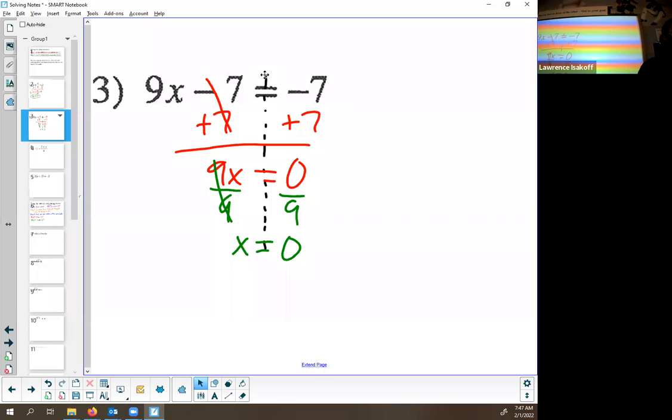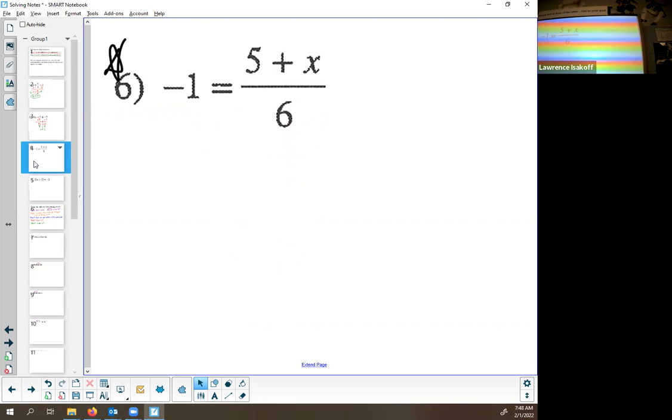Now, this example is one of the ones where we're going to go in a different order, and we'll talk about why we're going out of order for our steps in just a moment. Let's take a look at this one.